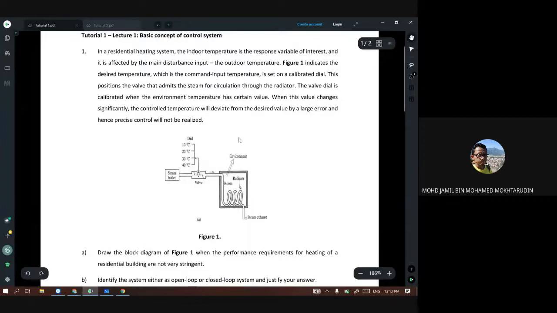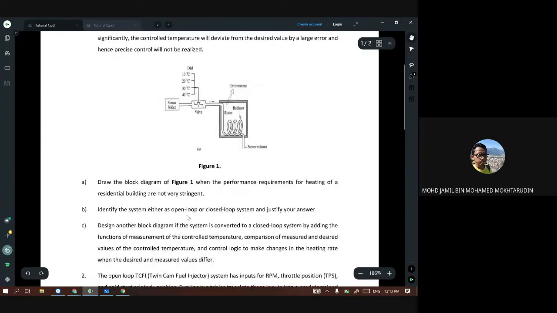You are required to draw a block diagram and then justify whether the system is either open loop or closed loop, and then redesign the block diagram to change it from maybe open loop to closed loop.